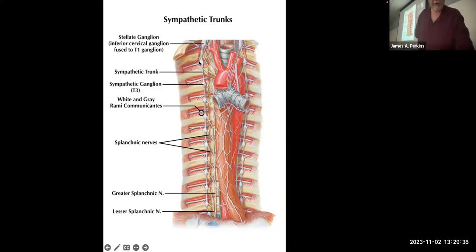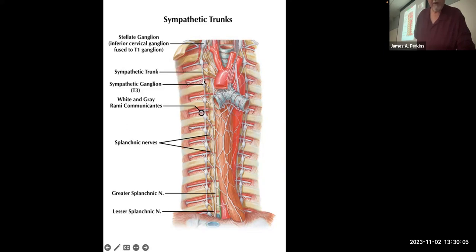And here in the thorax anyway, there's a ganglion at every single vertebral level, every single intercostal level. Now up here in the neck, the inferior cervical sympathetic ganglion, which is formed from the fusion of the ganglia at C7 and C8, oftentimes also fuses with the ganglion of T1 to form something called a stellate ganglion, but not everybody has that.